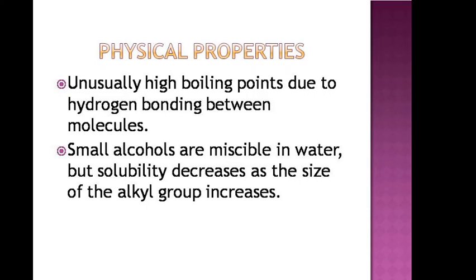Physical properties of alcohols. Usually alcohols have a high boiling point due to the hydrogen bonding between the molecules. The small alcohols are miscible with water, but solubility decreases as the size of the alkyl group increases.